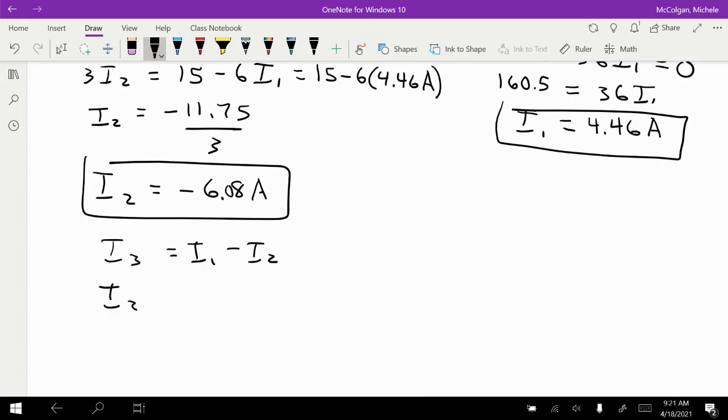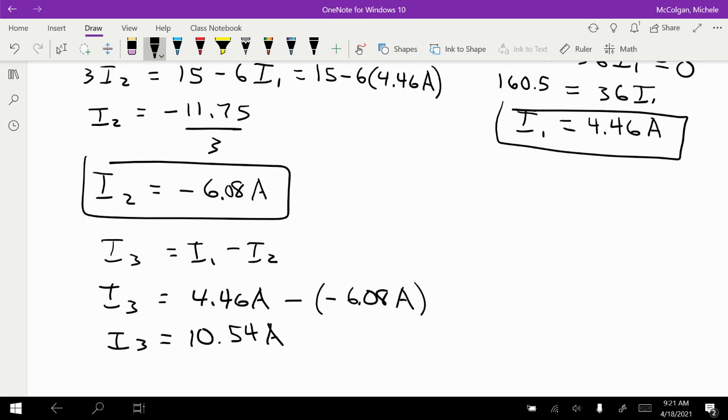I'm going to have I3 is equal to 4.46 amps minus a negative 6.08 amps. And so it's going to be plus 6.08 plus 4.46. I'm going to get 10.54. I3 equals 10.54 amps. And those are my 3 current values.